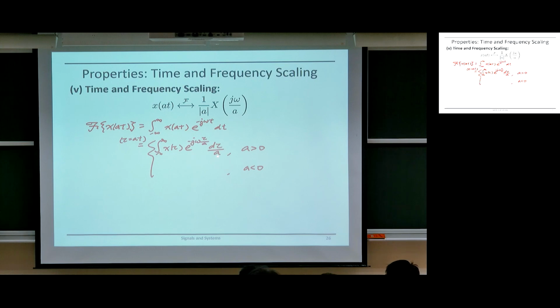But now when a is negative, when you perform this transformation, the integral becomes from infinity to minus infinity. So if you want to switch the order, you need to add a negative sign in the front.